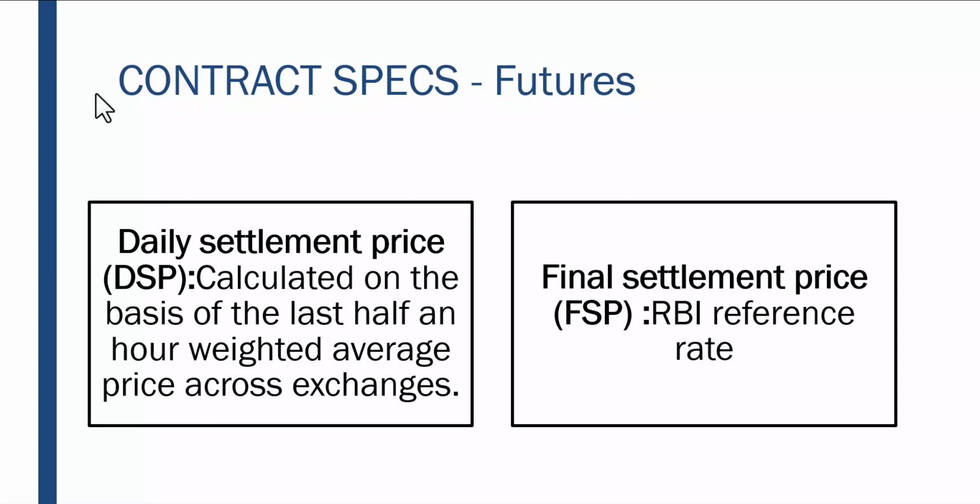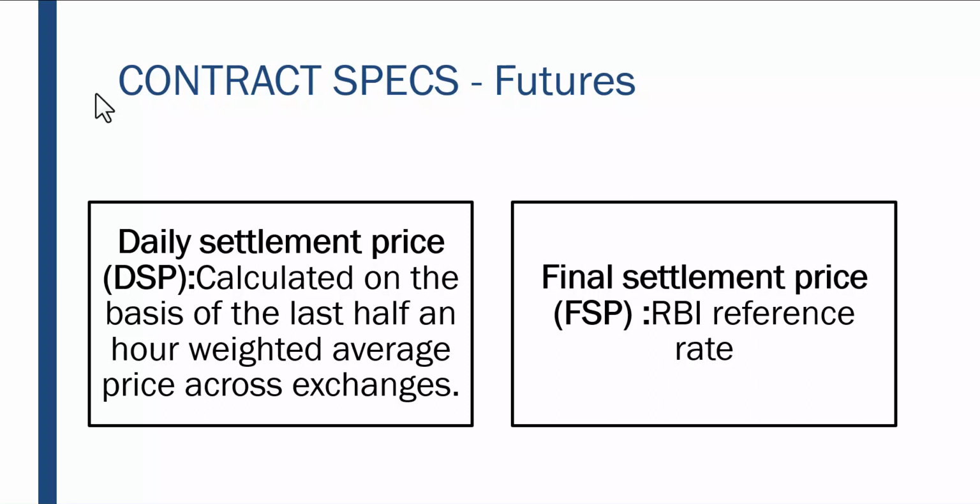When you go to the stock exchange and the stock market closes at 3:30, Nifty and Sensex, at whatever price it closes, readjust within a few seconds. They take the last half an hour's movement of the Nifty and Sensex and, on the basis of the weighted average, calculate what the price should be.